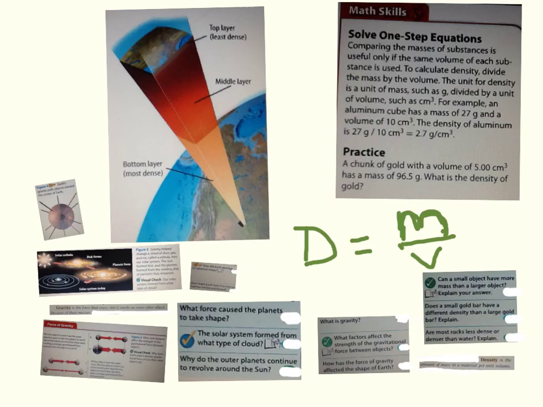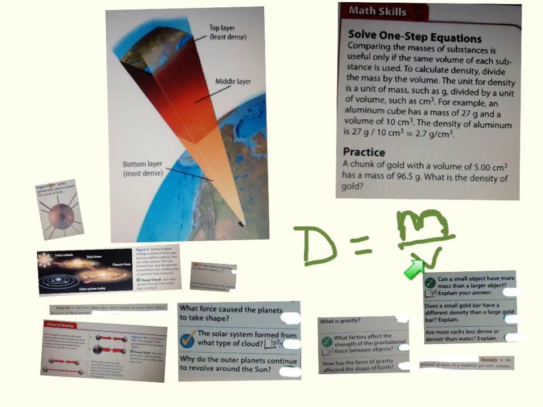For example, an aluminum cube has a mass of 27 grams and a volume of 10 centimeters cubed. It wants you to find the density. The density of aluminum is 27 divided by 10, so your density is 2.7 g/cm3, or grams per centimeter cubed.